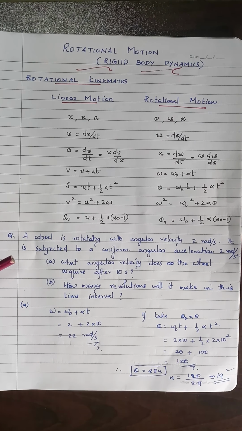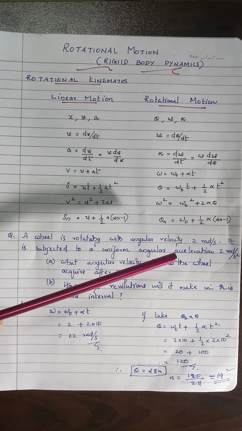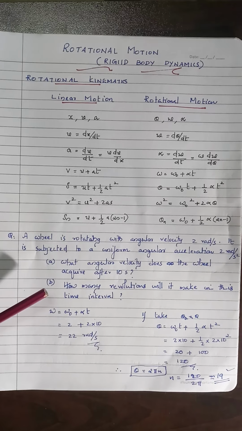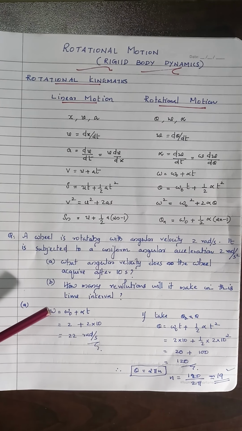A wheel is rotating with angular velocity 2 radian per second. It is subject to a uniform angular acceleration of 2 radian per second square. What angular velocity does the wheel acquire after 10 seconds? How many revolutions will it make in this time interval?